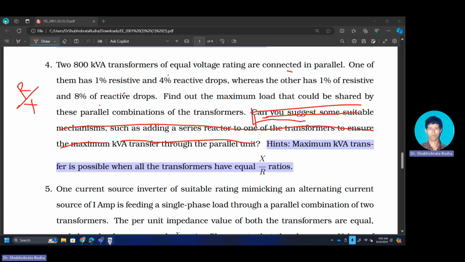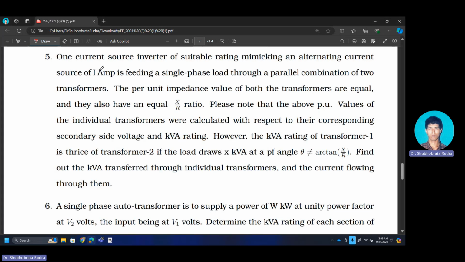One current source inverter of a suitable rating, mimicking an alternating current source of I ampere, is feeding a single phase load through a parallel combination of two transformers. The per unit impedance values of both the transformers are equal, and they also have an equal X/R ratio. Please note that this is a redundant thing. However, the kVA rating of transformer 1 is twice the kVA rating of transformer 2.